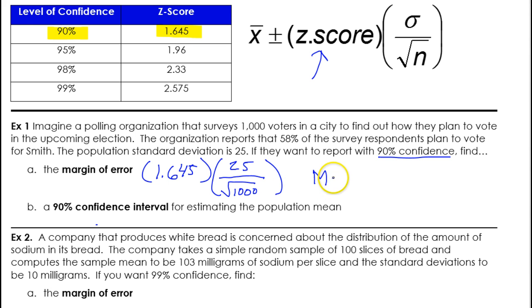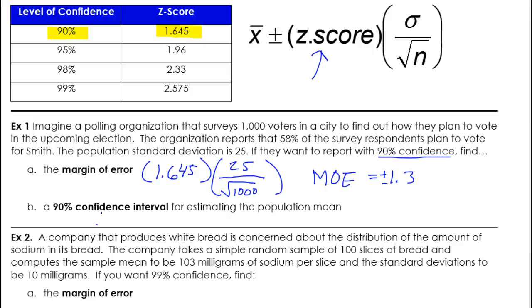Okay, Brett, what did you get for the margin of error? I got 1.3. 1.3. So this is the number that we will wind up adding and subtracting when we find the confidence interval. Now, adding and subtracting from what? You have to look for where they said something about the sample.